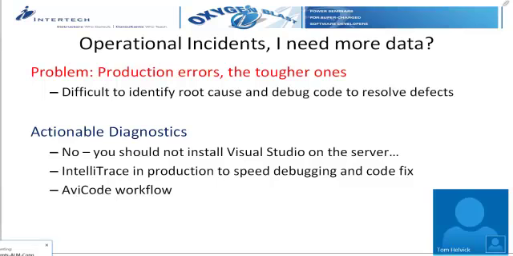So I showed you how you can go in and get a little bit of information from AviCode. It was pretty basic. AviCode, without doing anything, will capture some of those parameters. There are masks you can put on it.